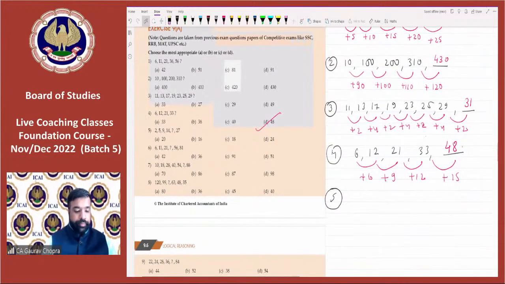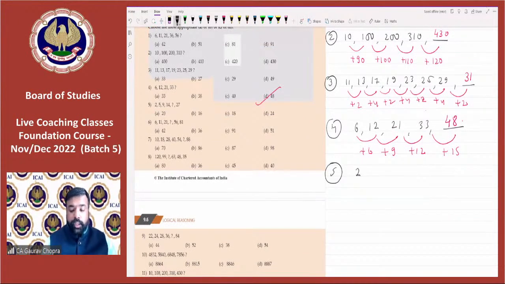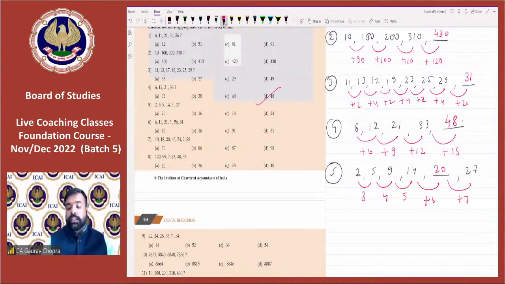All right. Fifth one, 2, 5, 9, 14, dash, and 27. Now this time, what is the gap? Plus 3, plus 4, plus 5. Then the next should be plus 6. So 14 plus 6 is how much? 20. And then 20 to 27 is plus 7. That means we are getting the logic. It's all perfect.